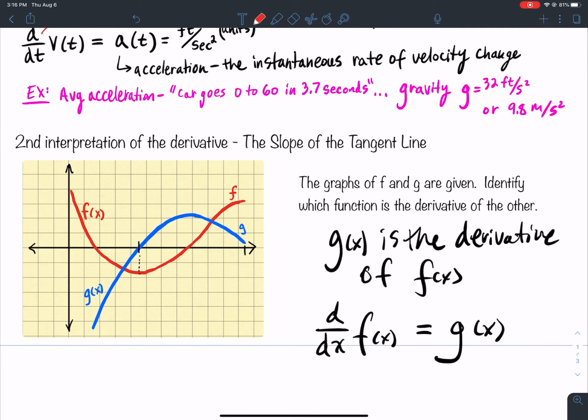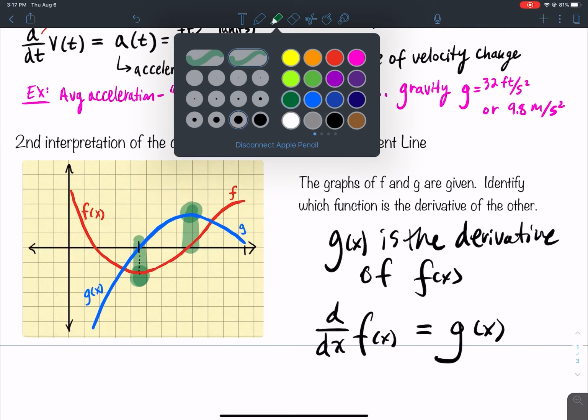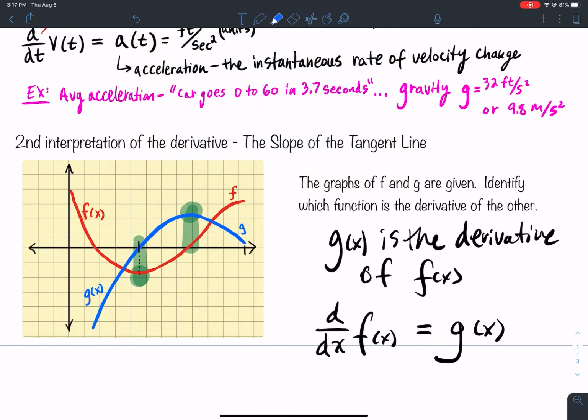So you look and, first thing you might do is just figure out, all right, I know I've got a 0 here. Well, guess what? That lined up. I know I have a 0 here. That lined up. So that didn't eliminate anything for me. But after I get my zeros, then I can say, okay, everything on this side should be on the negative side. Is the other graph below the x-axis? Sure, g of x is below the x-axis here. So that worked out, okay?